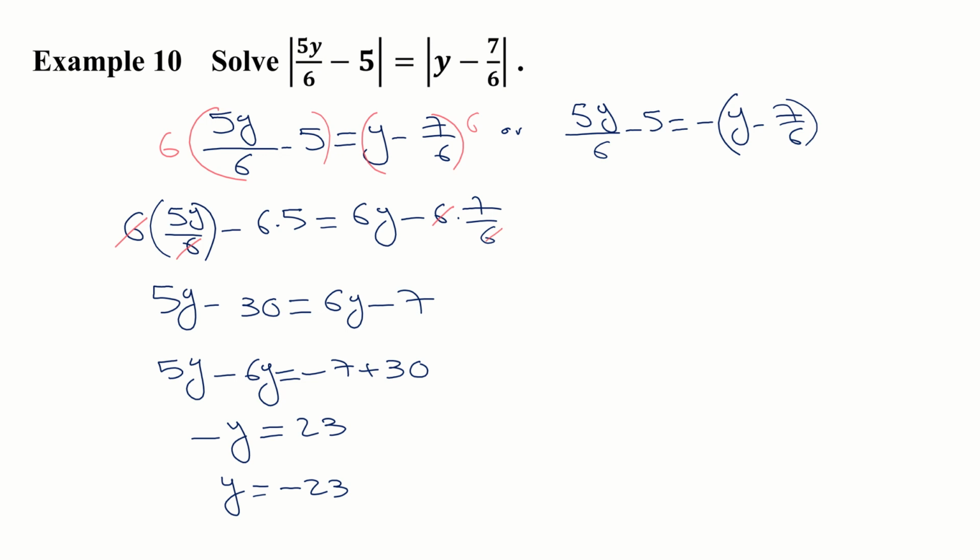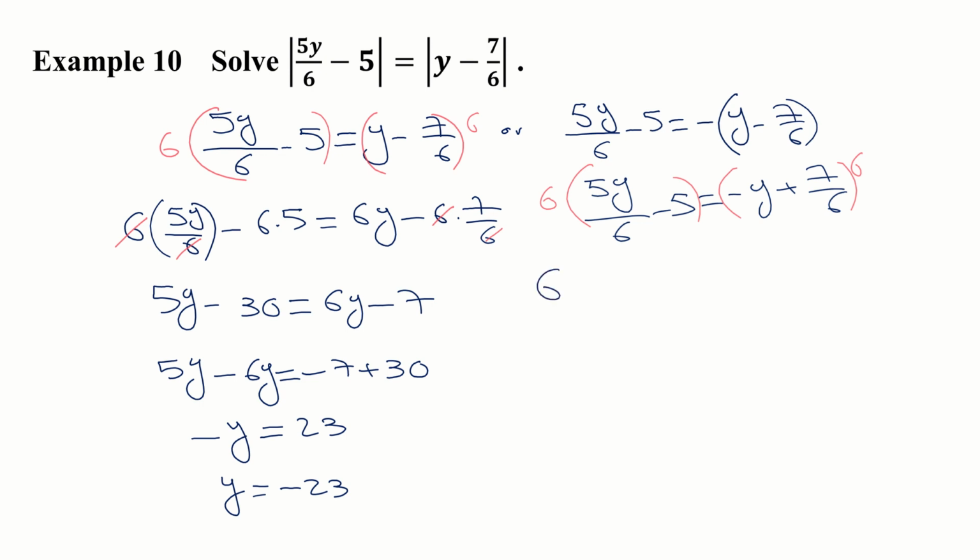All right, so here we're going to distribute the negative first on the other equation on the right side. So 5y over 6 minus 5 equals negative y, be careful, plus 7/6. Negative times negative is positive. Again, we're going to clear the fractions by multiplying both sides by 6. Which is the LCD.